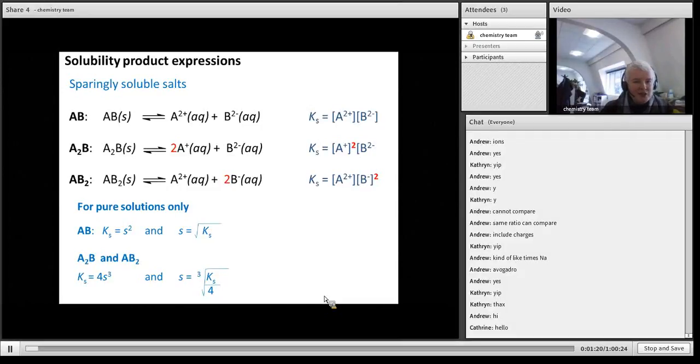So just as a comparison, if I had calcium sulfate, what type of salt would calcium sulfate be? AB, A2B, AB2. This is also checking if you know your ions. Does anybody want to have a go?